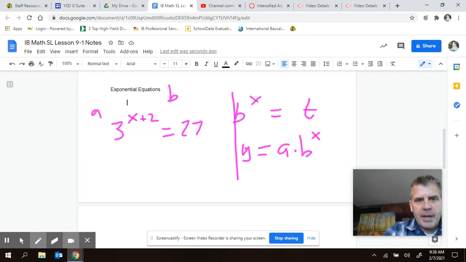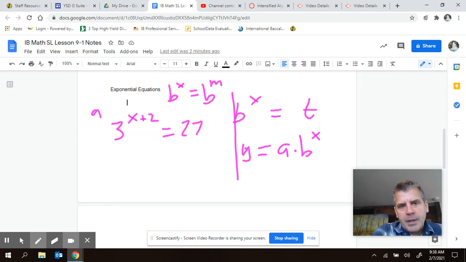If you have a common base like b to the x equal to b to the m, you can actually say that x would equal m. That means this.